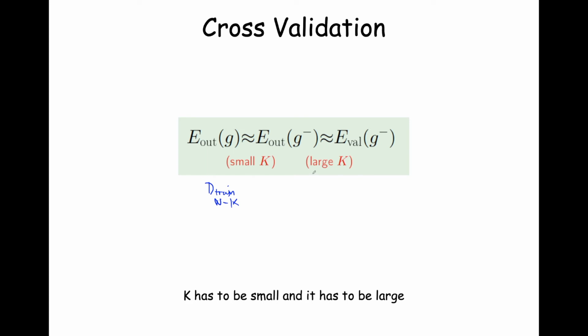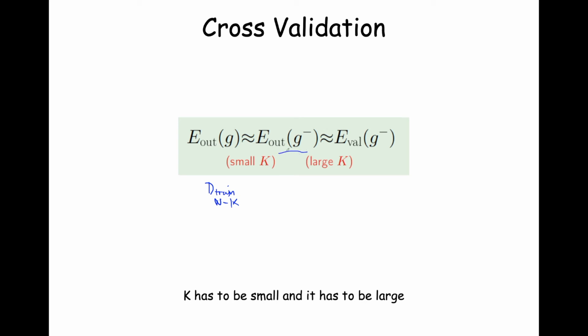At the same time, you want good estimates of out-of-sample error. And you get good estimates of out-of-sample error by having a large validation set size, so k large. If k is large, your validation error of your limited hypothesis is going to be very close to your out-of-sample performance for that limited hypothesis.